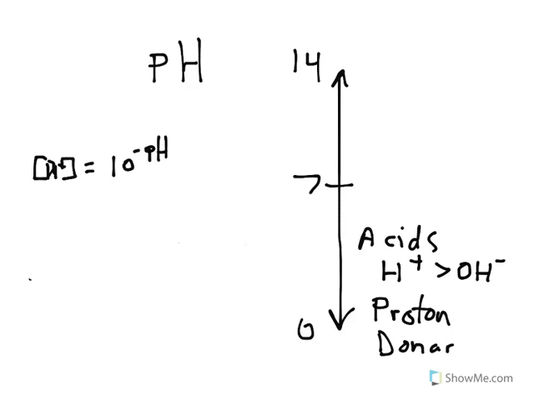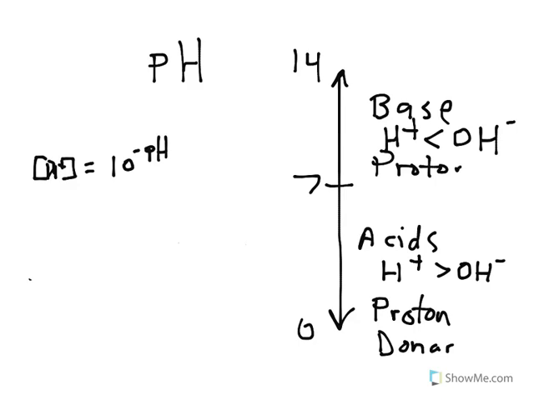Now, anything above 7 is referred to as a base. What's important here is that hydrogen ions are far lower in concentration than OH minus hydroxide ions, and these are referred to as proton acceptors. They will grab up protons from acids and help to neutralize those.